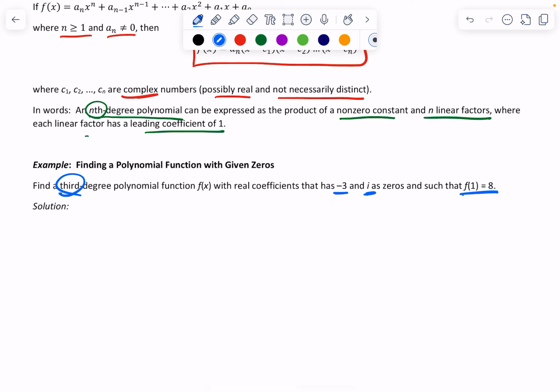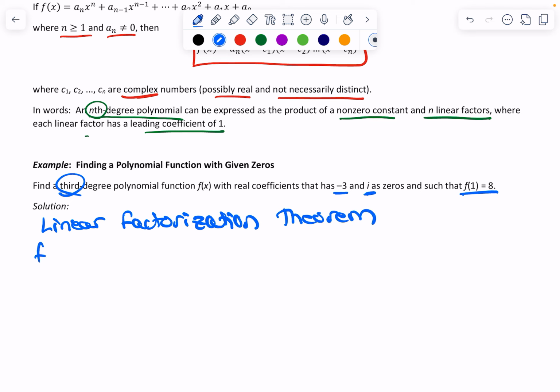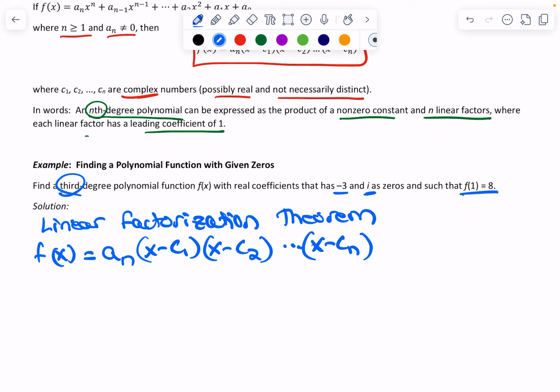So we're going to use the linear factorization theorem here. f of x equals a sub n times (x minus c1)(x minus c2) through (x minus cn). It's a third degree polynomial, which means that our n is going to be 3.